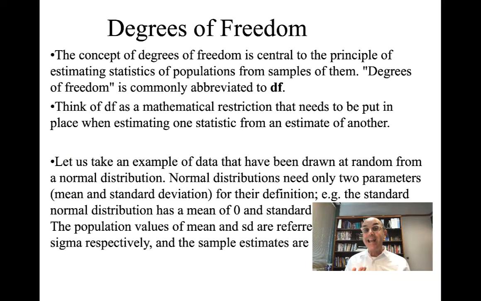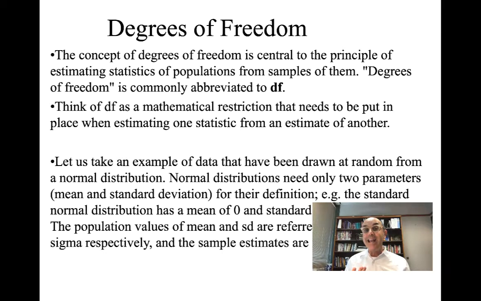df stands for degrees of freedom, and the concept of degrees of freedom is central to the principle of estimation in statistics. It is the idea behind everything that we're going to do from now on. You're going to see the df. Think of the df as a mathematical restriction that needs to be put in place when estimating one statistic from an estimate of another.